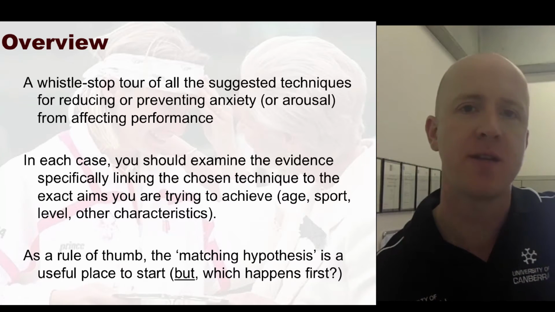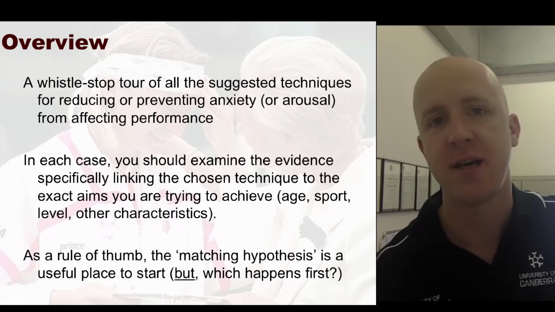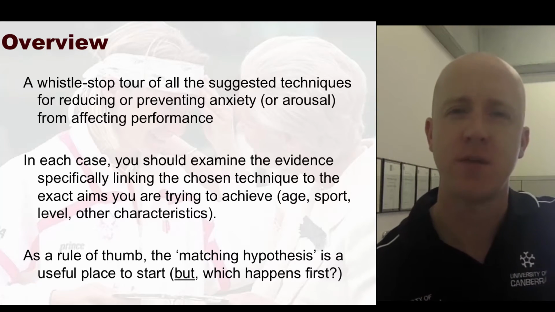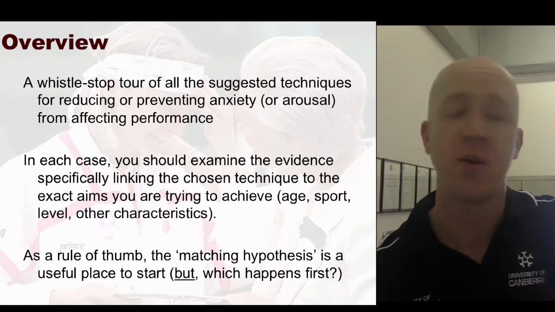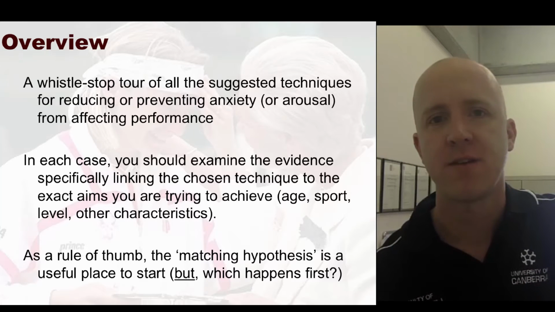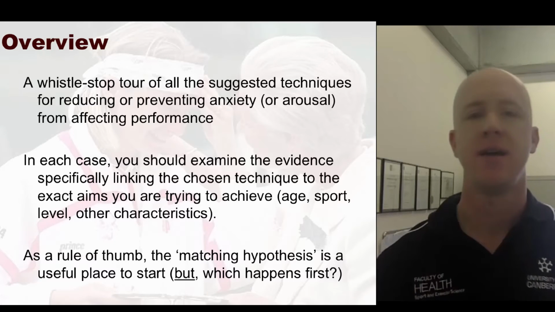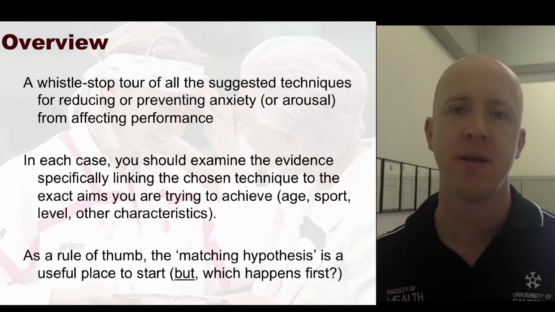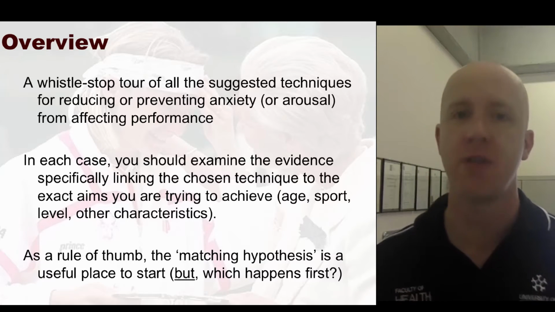The problem occurs because it's difficult to know which comes first sometimes, and so it might be that someone feels anxious in their body, and that leads them to interpret those signals as negative, and so you could say, well, it started in the body, let's manage that. But equally, it can work the other way, where someone sometimes feels that their thought pattern is what leads them to become anxious, and then their body kicks off and all the fight or flight responses happen, and before you know it, they're in full anxiety response as a result of their thoughts.